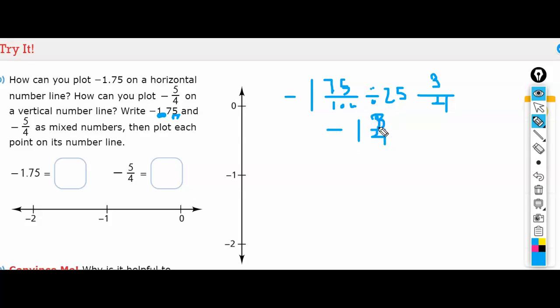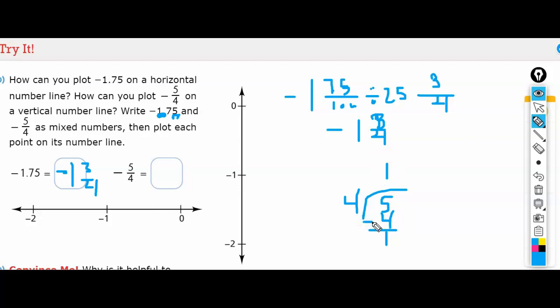Okay, and so this would be negative 1 and 3/4, and then we have negative 5/4. You take your denominator, divide it into your numerator, and 4 can go into 5 once.